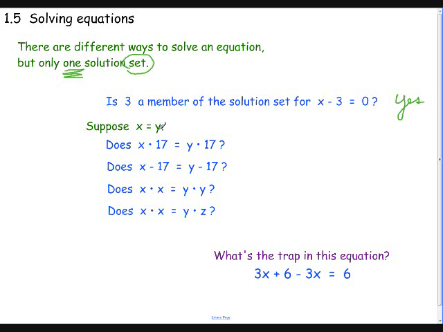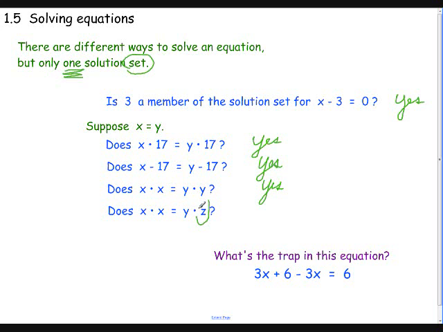Suppose x is equal to y. In that case, does x times 17 equal y times 17? Yes, it certainly does. Does x minus 17 equal y minus 17? Yes, it does. Does x times x equal y times y? It certainly does. Does x times x equal y times z? What?